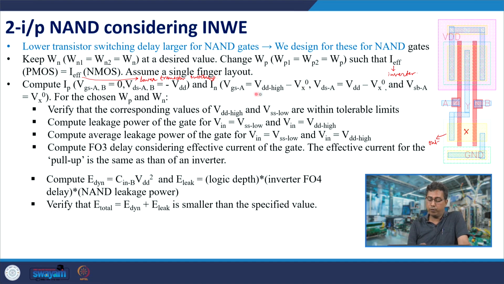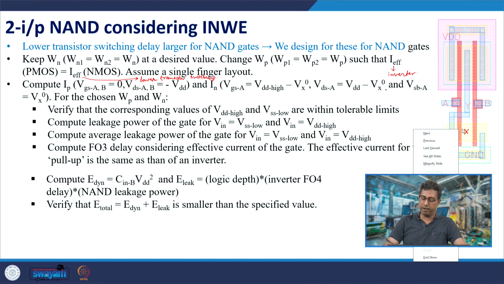This is the upper transistor A, and this is the lower transistor B. What is the VGS of the upper transistor A? It is VDD high, the highest value the input or node A would reach, minus Vx naught.